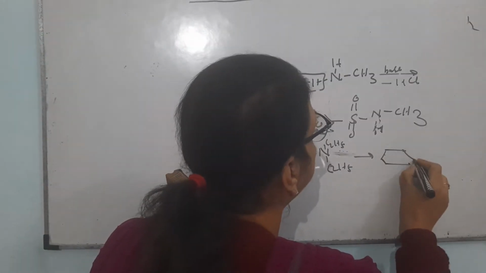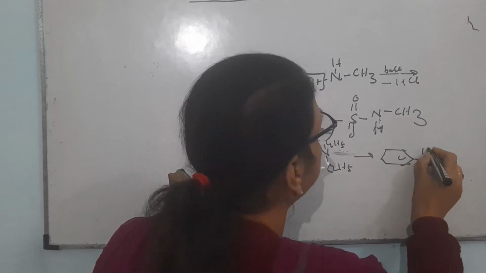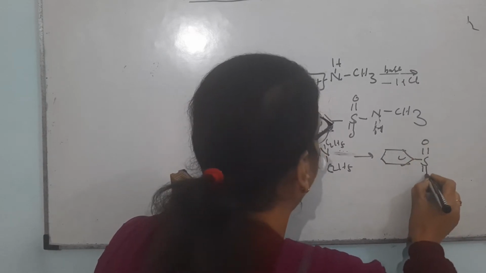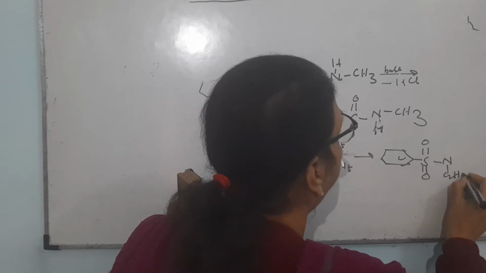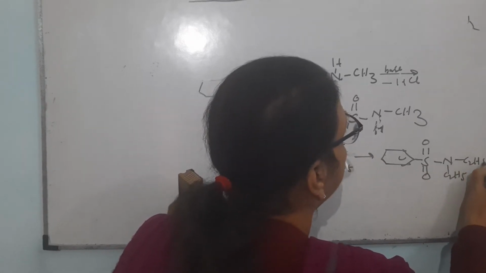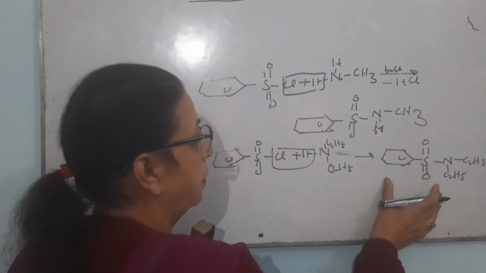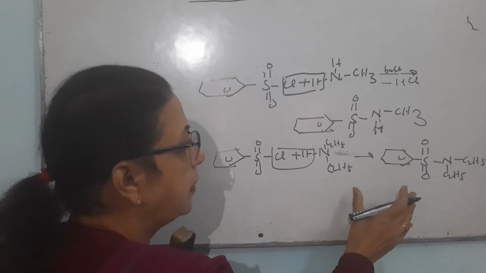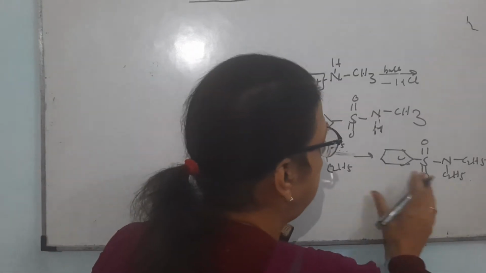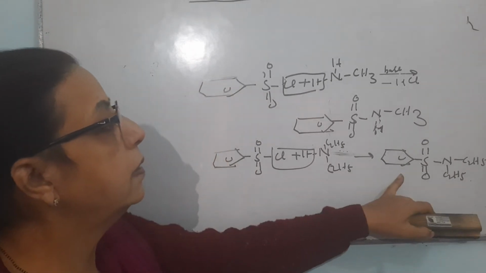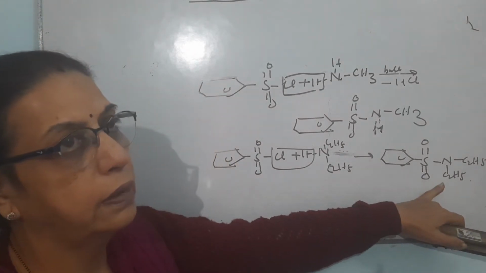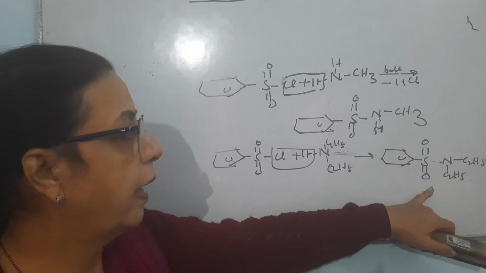There will be formation of the compound C6H5SO2N(C2H5)2. There is no acidic hydrogen present in this compound. This is N,N-diethyl sulfonamide. So in this case, there is no acidic hydrogen attached to nitrogen.